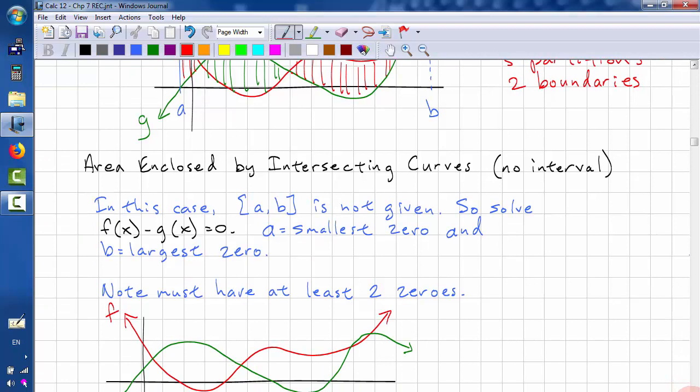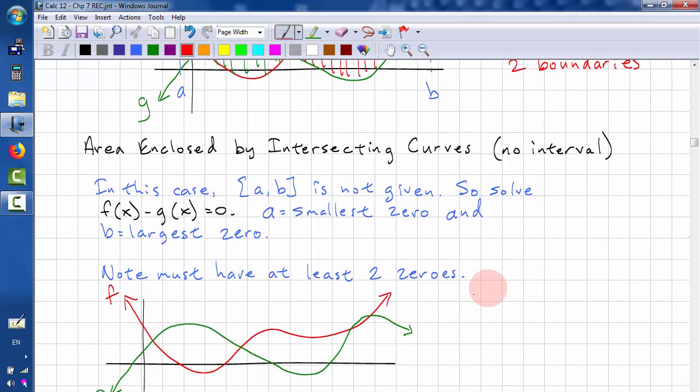Here, it's the same graph, so we still have 4 zeros. Here, g of x is greater than f of x, so we do that. f of x is greater than g of x. And g of x is greater than f of x. And that's it. So our smallest zero is here, that's a.